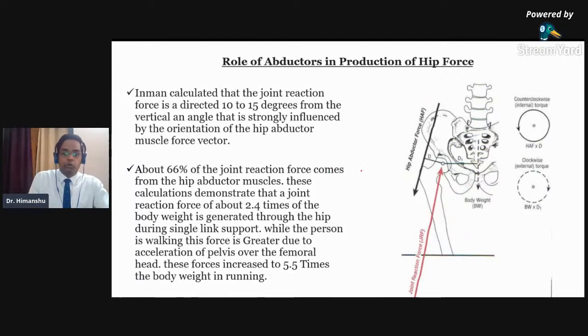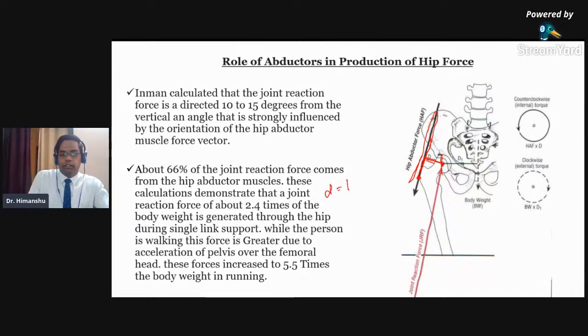Suppose this is the center of the femur. This is the axis point or the fulcrum point. Now this is the site of attachment of gluteus medius. This is a perpendicular line going here, and the distance between the fulcrum and this perpendicular line is d.